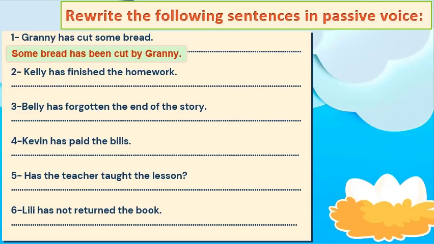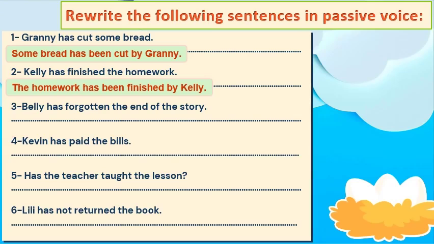Number two, Kelly has finished the homework. Where is the object? Start with the object here, and add has if it is singular, or have if it is plural, then add been and continue. The homework has been finished by Kelly.